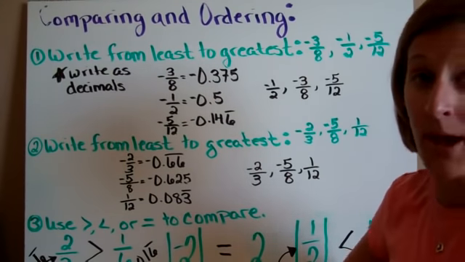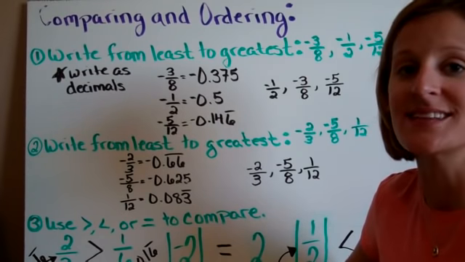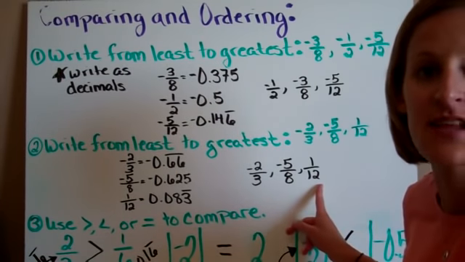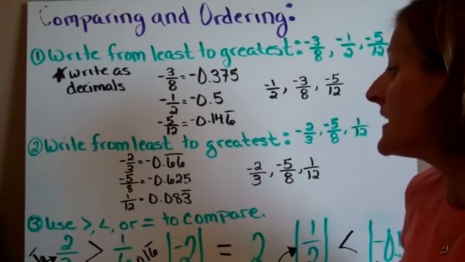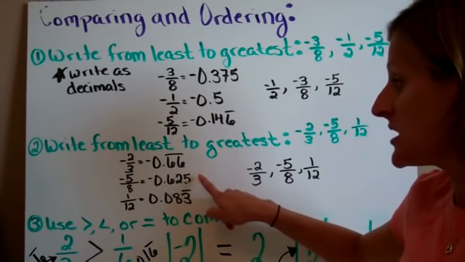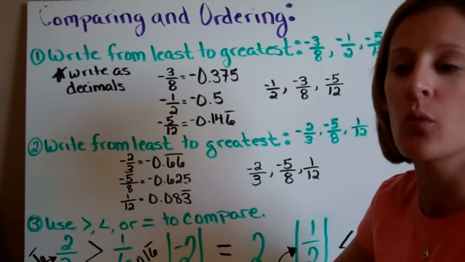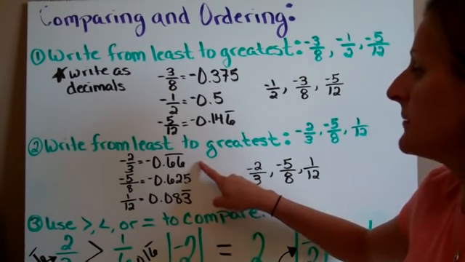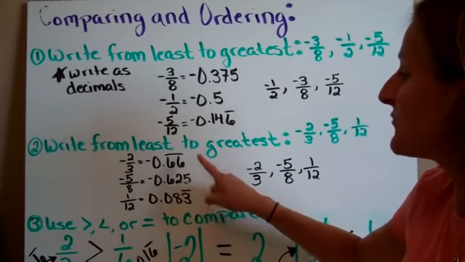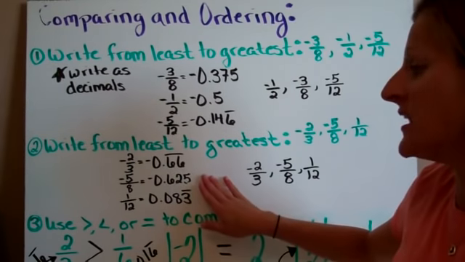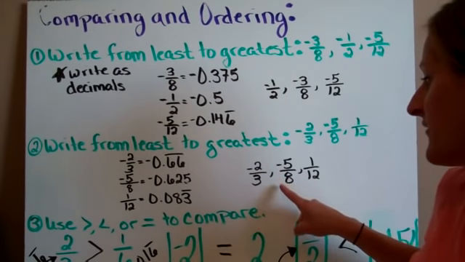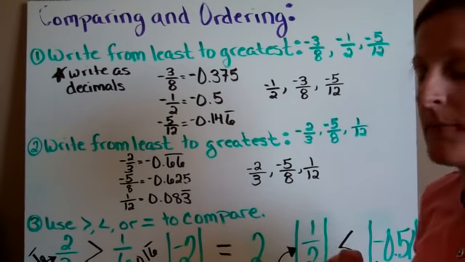Now, we have one positive number, so of course that is going to be the largest number. So I automatically put that at the end. It's the only positive. Then I need to look at these two numbers. Since they're negative, I need to look at which number is the furthest from 0. And that's going to be negative 2/3 because it's further away from 0 than negative 5/8. So my answer is going to be negative 2/3, negative 5/8, and 1/12.